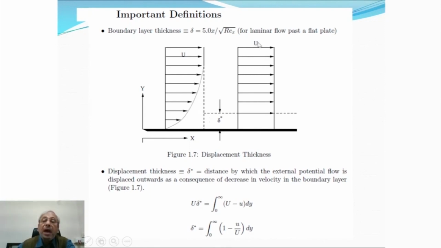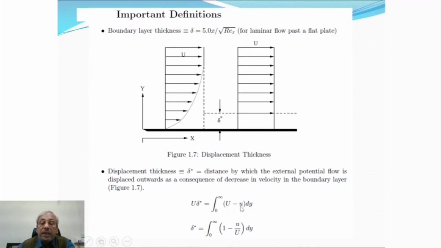If uppercase u is the free stream velocity outside the boundary layer, then uppercase u into delta star is the integration from 0 to infinity of the discrepancy, uppercase u minus lowercase u.